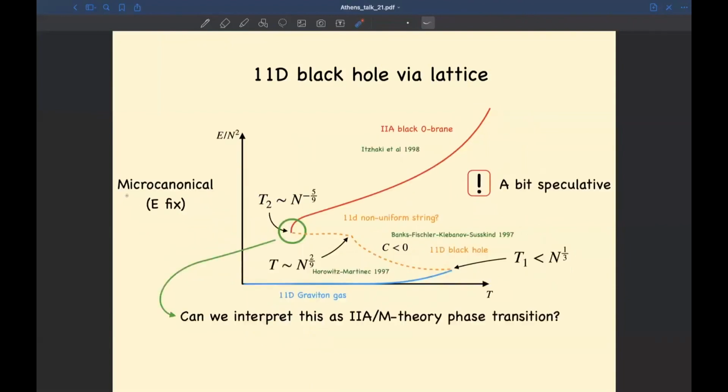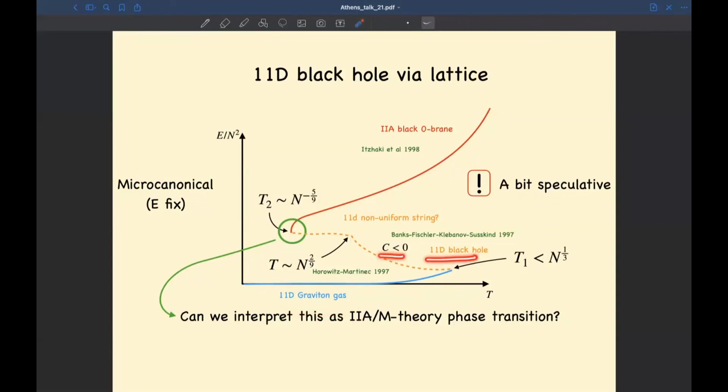So in the microcanonical case where we fix energy, we have this rather speculative diagram, and it is speculative because we don't know the exact gravity details. Again, we have an 11-dimensional graviton gas, and the unstable phase of the 11-dimensional Schwarzschild black hole.